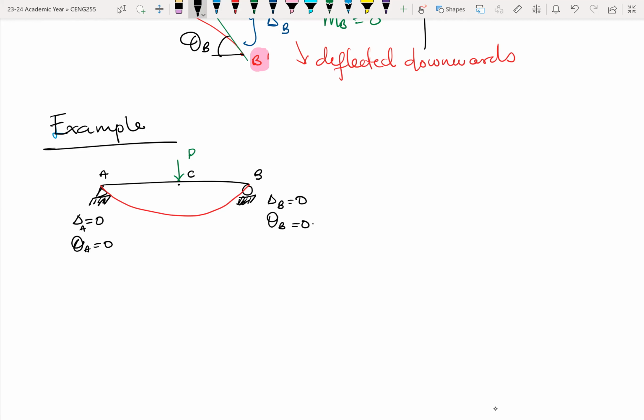Okay. Now, if we take point C, it used to be here. Now point C is somewhere here. So there will be some deflection at C. At C, our deflection will not be 0 because of the fact that there's some deflection. Okay.